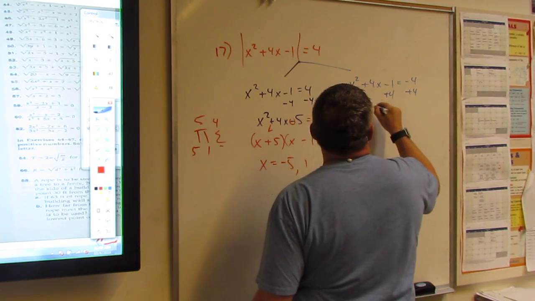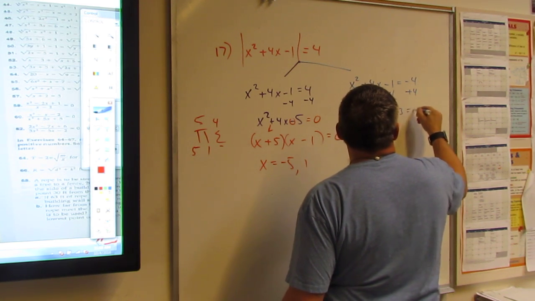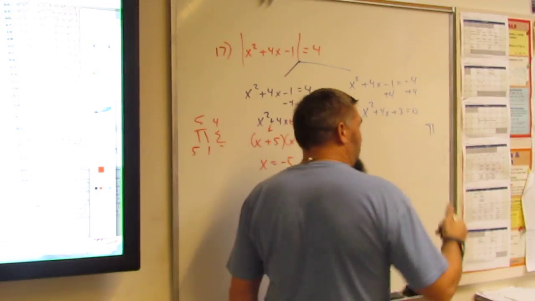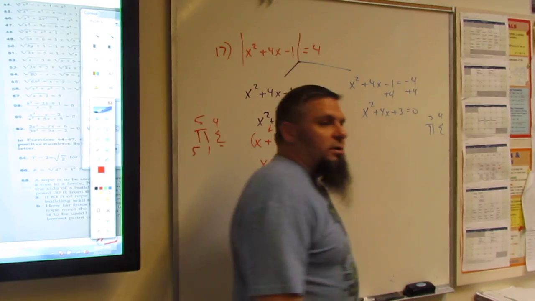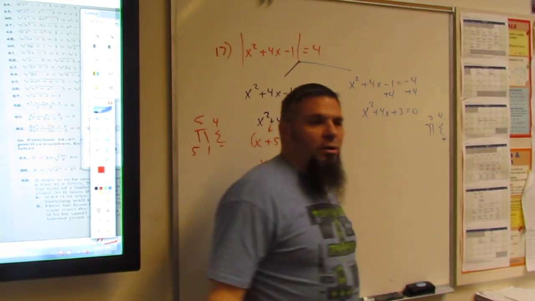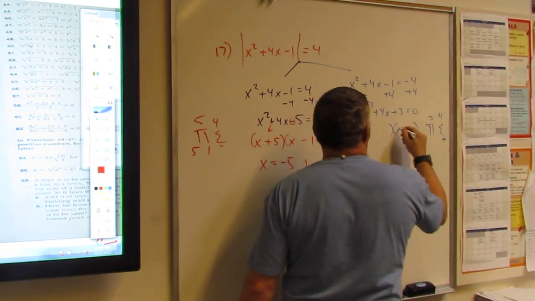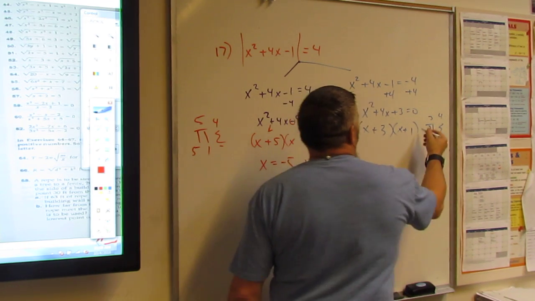So this is x squared plus 4x plus 3 equals 0. Now the product is 3 and the sum is 4. So we need two numbers that multiply to be 3, but they add to be 4. Wow, 3 and 1. 3 and 1. Boom, boom, boom, boom. X plus 3, x plus 1, set equal to 0.